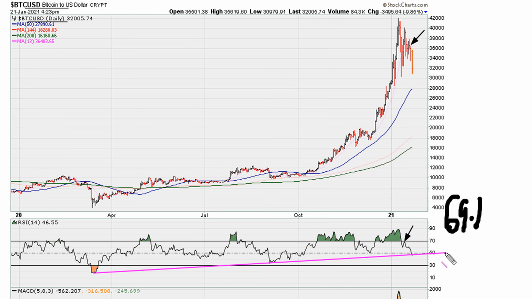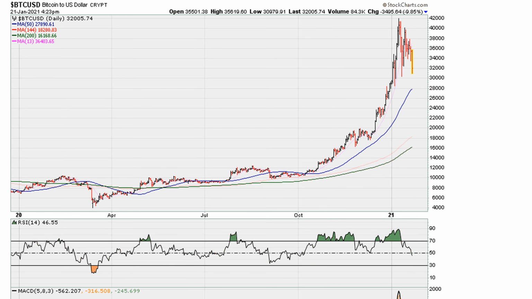The RSI lows line needs to break, and if it breaks, we can anticipate a continued more aggressive sharp move to the downside. This line also offers the cryptos an opportunity to actually stabilize. By holding around here, they can stabilize and start building for a potential future weekly breakout.